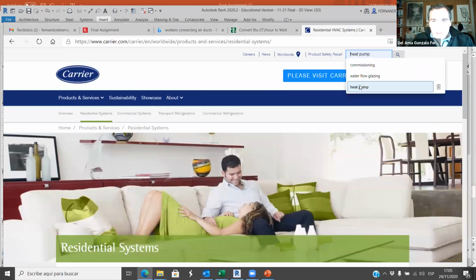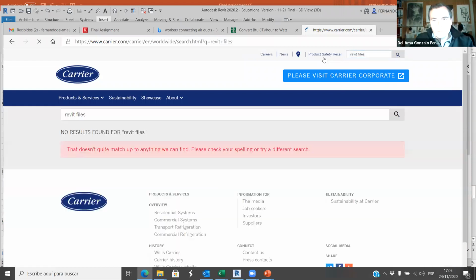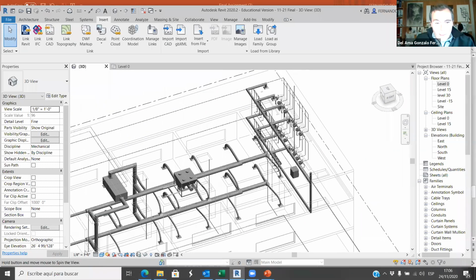I'm sure that if you type Revit files in every single brand, well, they don't have a result for Revit files directly, but you can find Revit families from these brands, and they are for free. You only have to register your name as an architect or whatever, and then you can start downloading Revit files. All good companies have these kinds of elements. So this is what I have done.